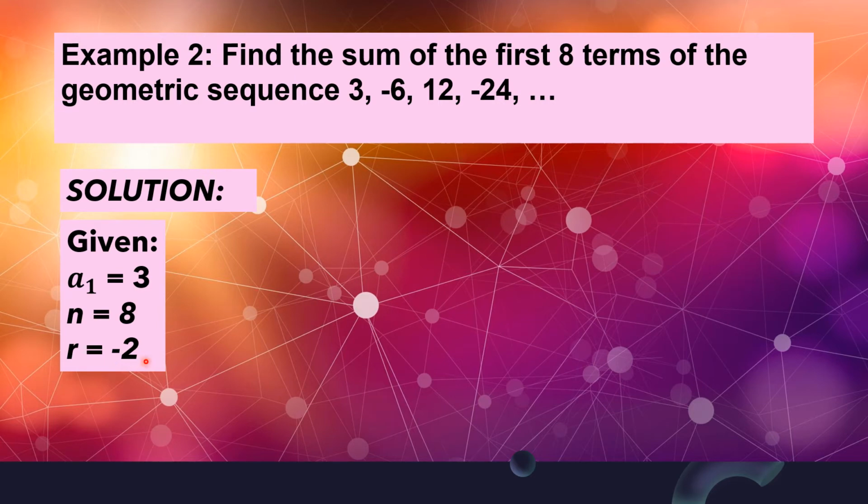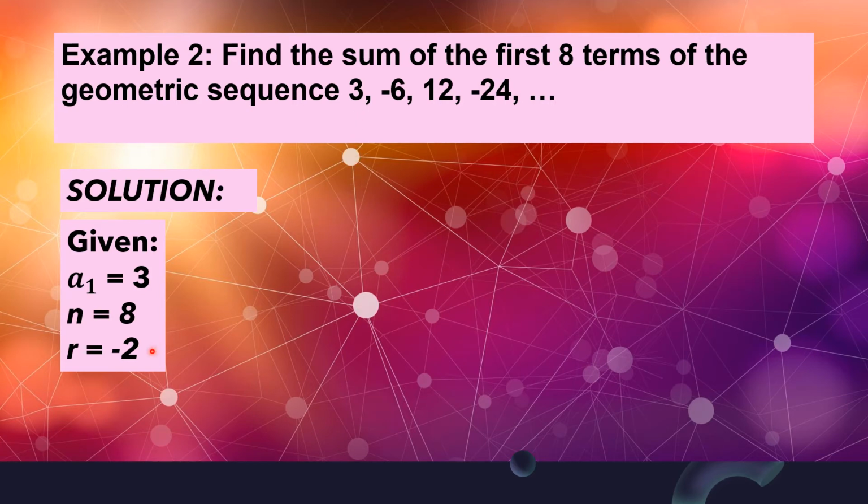How did we get negative 2? By dividing any term by its preceding term. So negative 24 divided by positive 12 is equal to negative 2. 12 divided by negative 6 is still negative 2. And negative 6 divided by positive 3 is still negative 2.